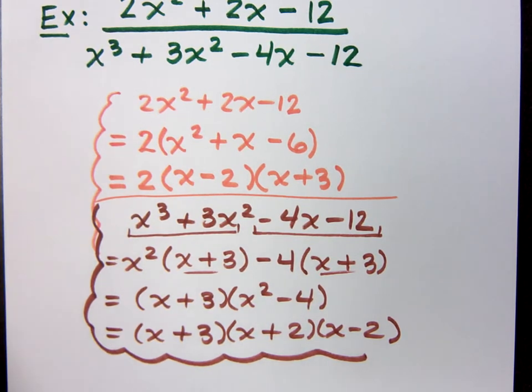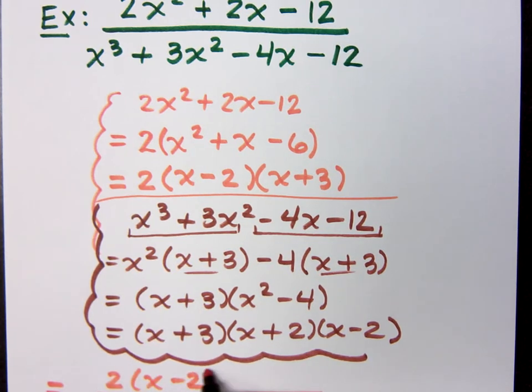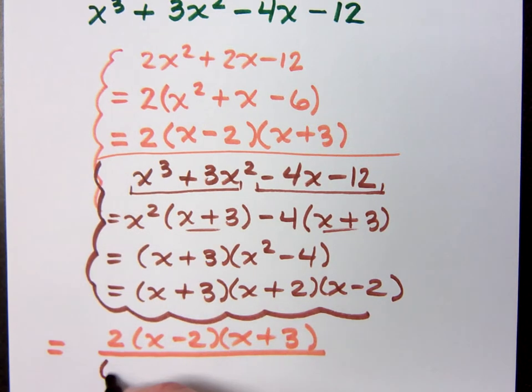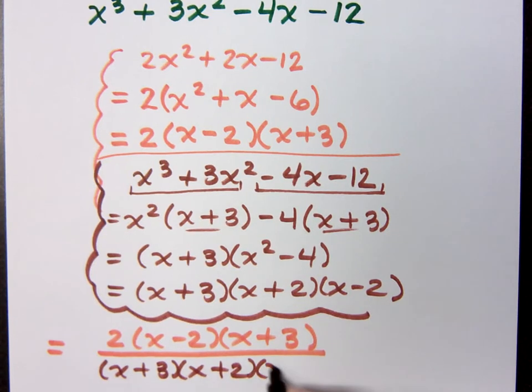Let's write what this equals now. In the numerator we have 2 times x minus 2 times x plus 3. What do we have in the denominator? x plus 3, x plus 2, and x minus 2.